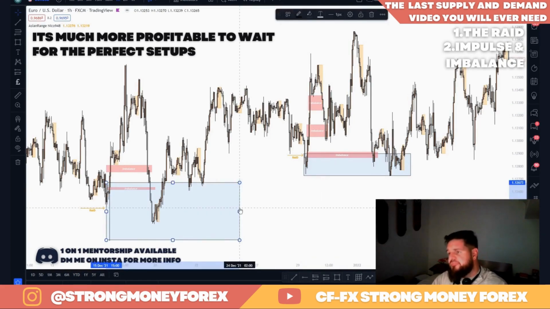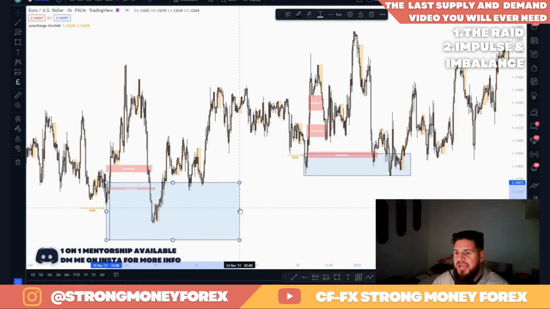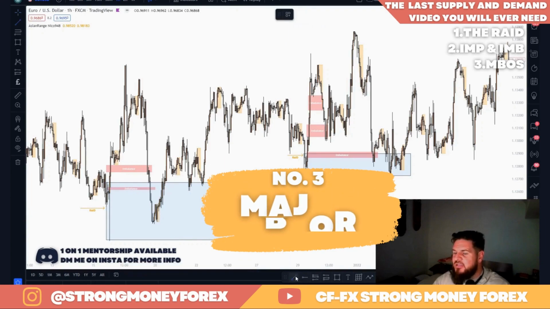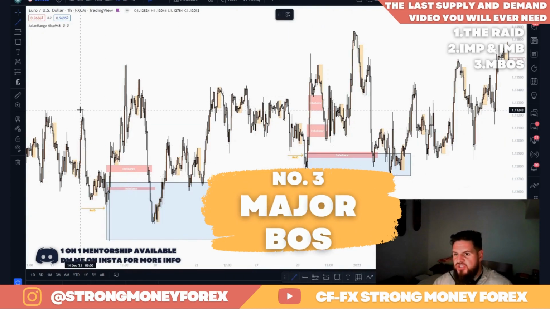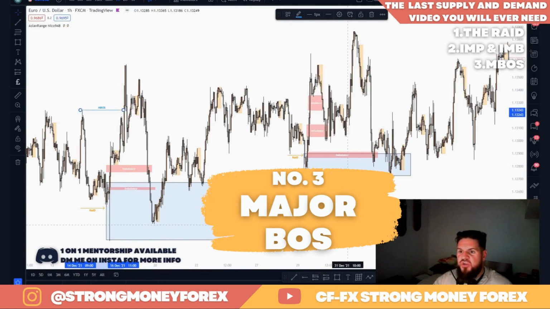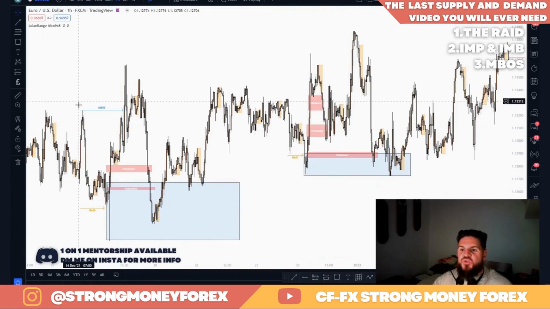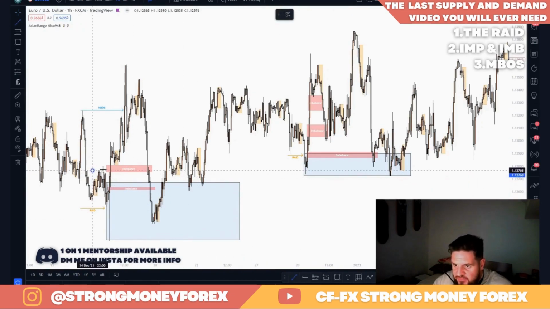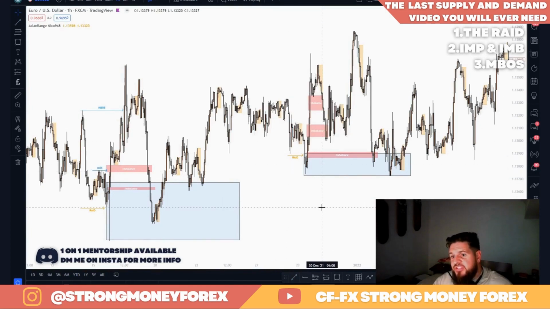And then what we do is we look for element number 3, which is a break of structure. Now, ideally, these need to be major breaks of structure, not minor breaks of structure. That is a major break of structure. Why is it a major break of structure? Well, that's a swing point. Okay, these lower time frame breaks of structure, they are breaks of structure, and they do give us some kind of indication that price is likely to move up, but they don't give us an indication that price is likely to continue the trend.